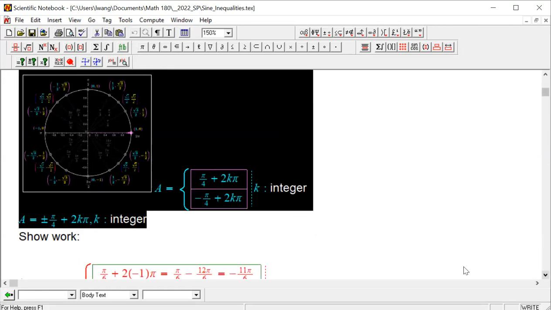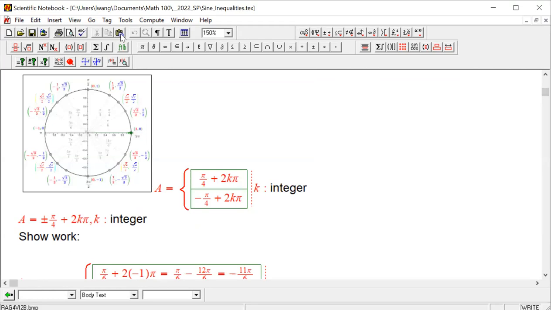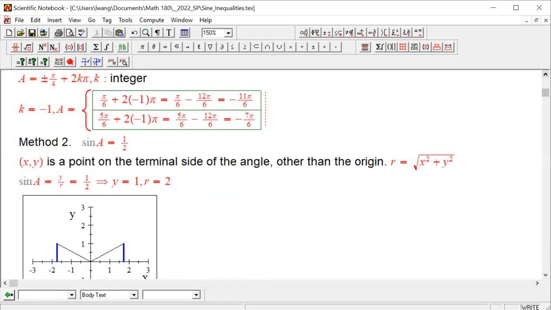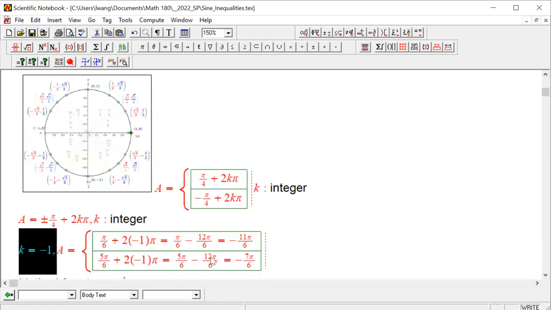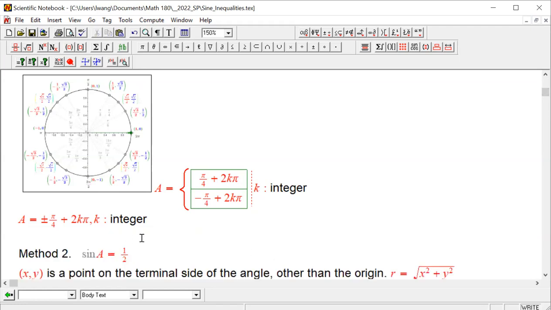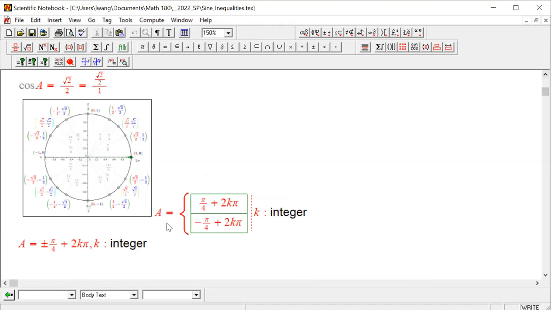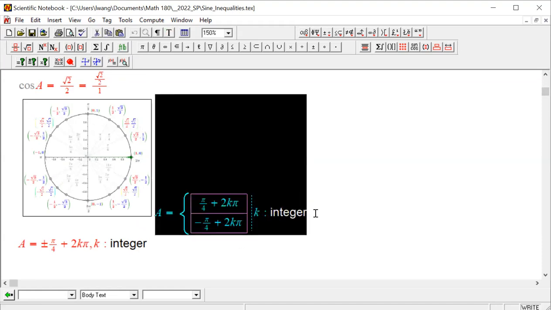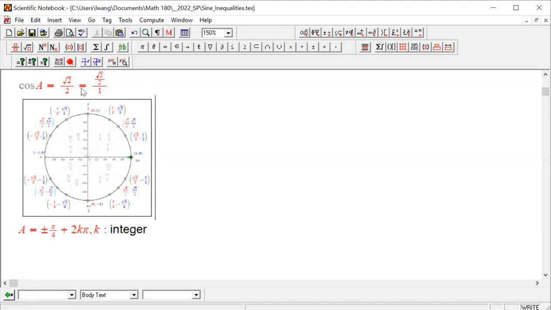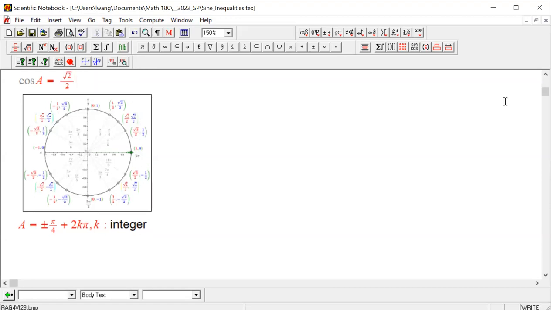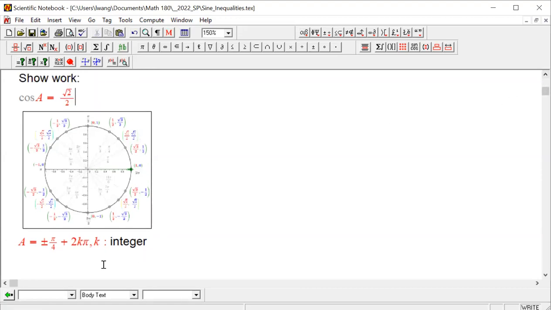If I were you, I would show my work this way. Those are the residuals from last time, so just ignore that. I'm going to remove that. Simple and clean. So this is how you can show your work.